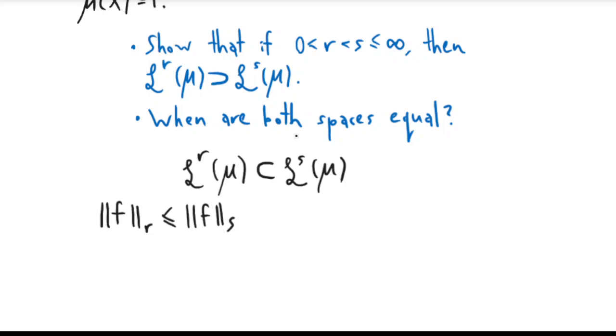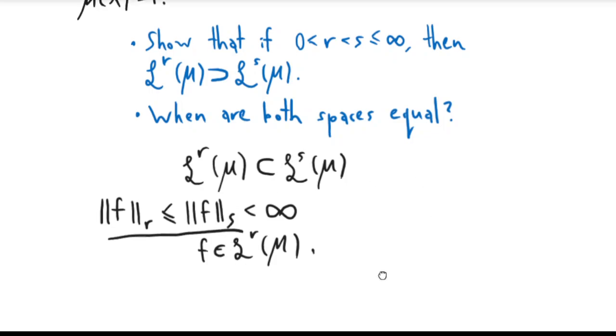If f is an element of L^s, then this second value is finite by definition, and so this inequality forces the r norm of f to also be finite, so that f is in L^r as well. So this is actually immediate as long as you know that this inequality is true. That's the easy part.